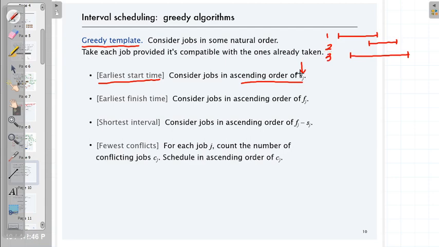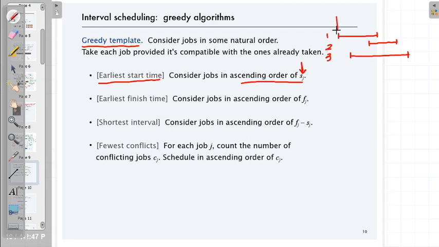If I consider the jobs in ascending order, can you tell me which job we will be taking first? Job number 1, 2 or 3? Ascending order of Sj. No, ascending order of start time. 1, yes.